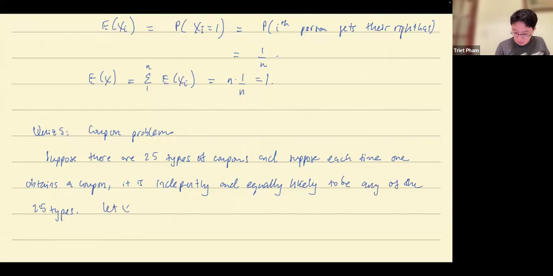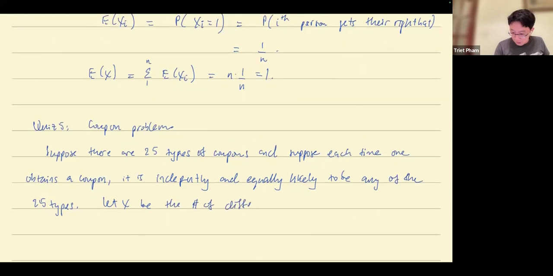Let X be the number of different types of coupon in a collection of 10 coupons.